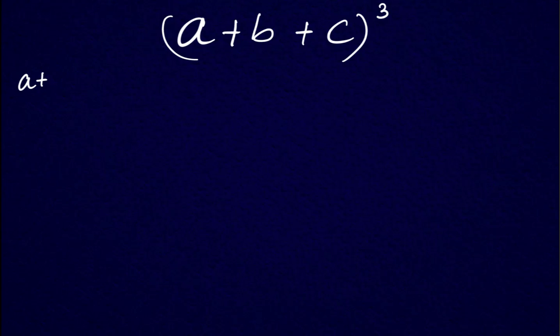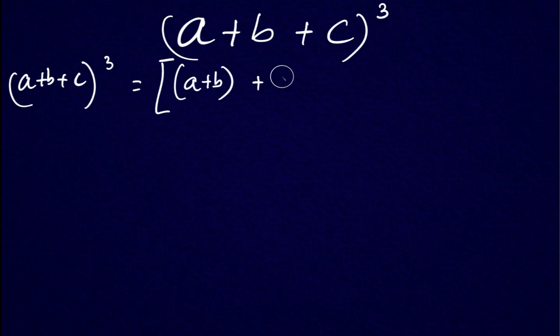We are going to group two of these terms, like a + b, make it one, and then isolate the c, or vice versa, isolate a and group b + c. But we are going to use the first one, so we'll get (a + b + c) cubed, and we are going to apply the cube of the two terms. So let's go ahead.